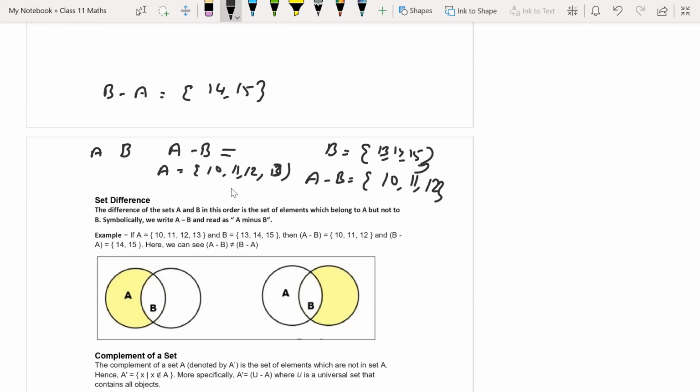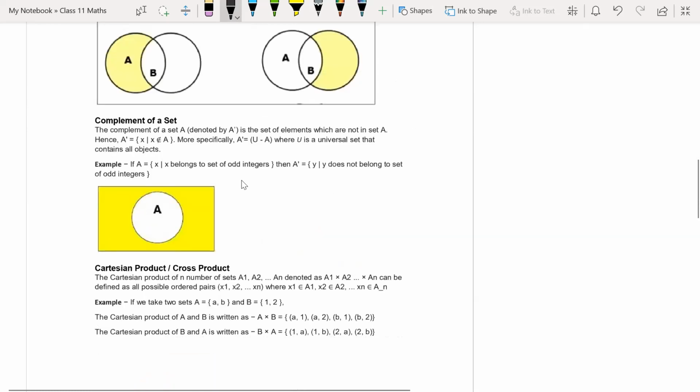That is the set difference. Set difference means that A minus B, the value of A belongs to A but not to B. Similarly, B minus A, value of B, and it doesn't belong to A.